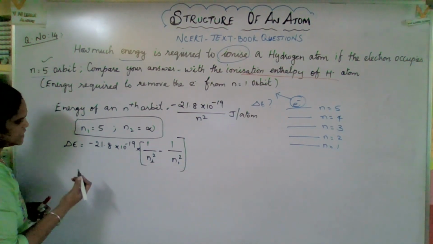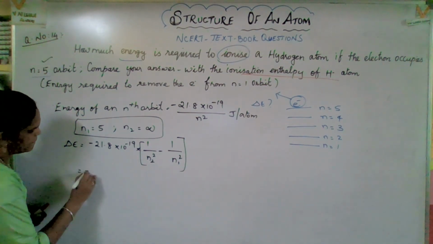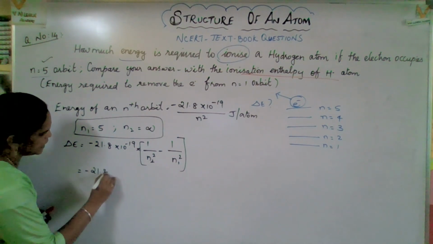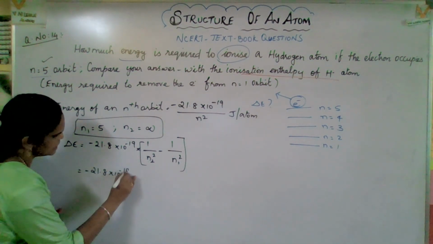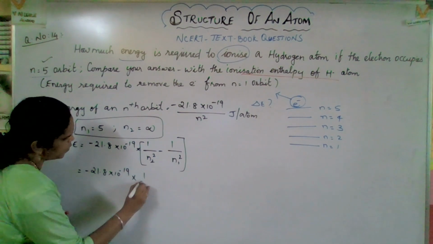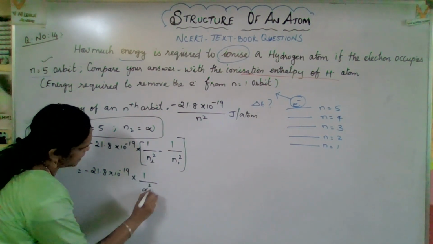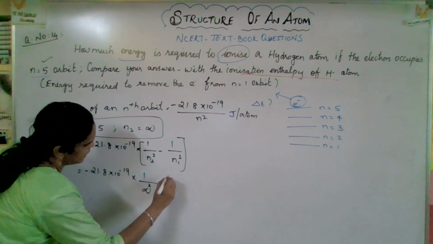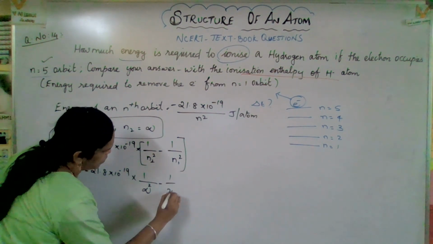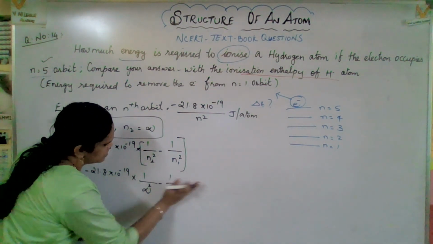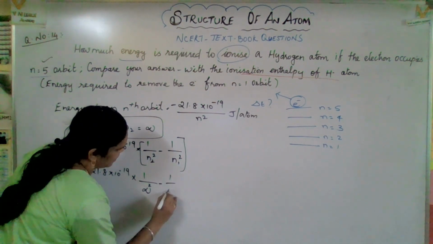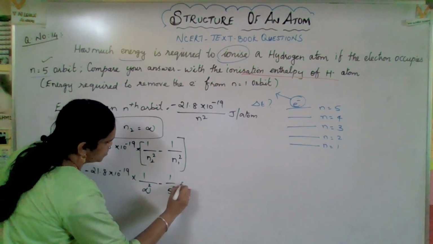Okay. Now next, let us apply the values: minus 21.8 into 10 to the power of minus 19 into 1 by infinity squared minus 1 by 5 squared, which is 25. Right, 5 squared. So what is the answer?